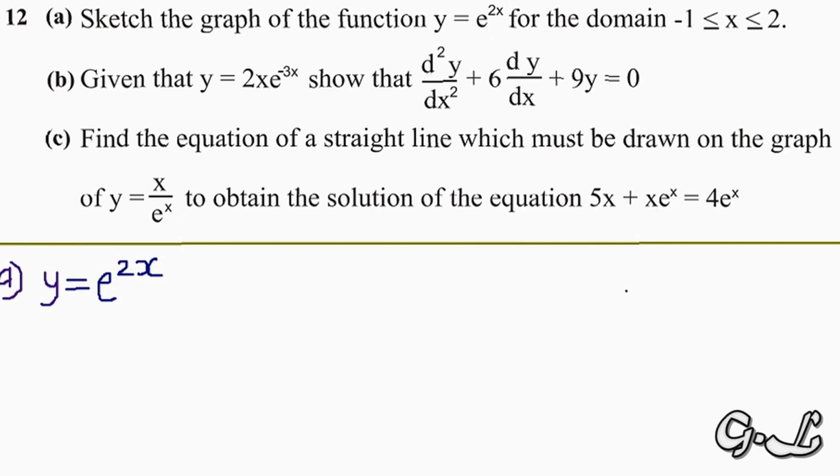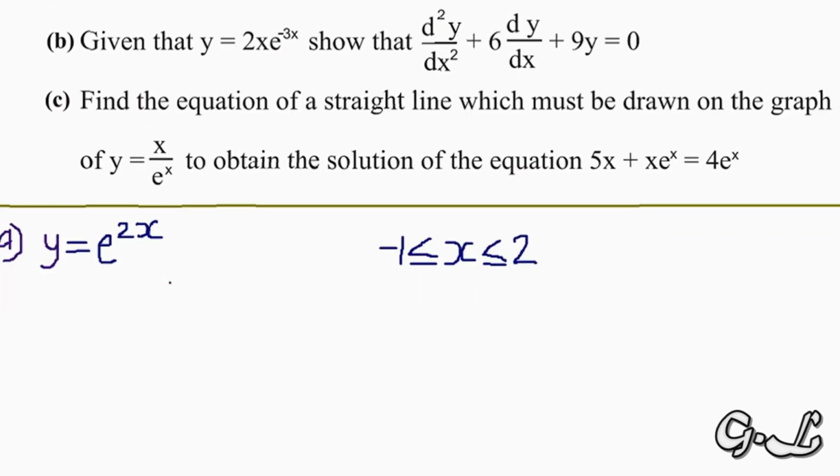After writing that, we're going to write the domain that we're given: x is less than or equal to +2 and x is greater than or equal to -1. So now we write x and y.